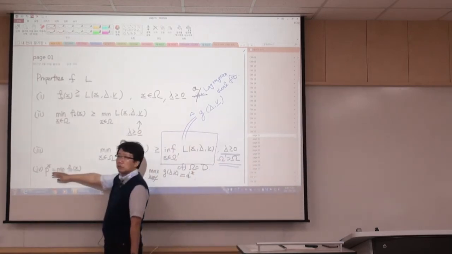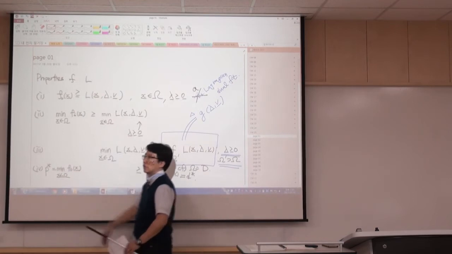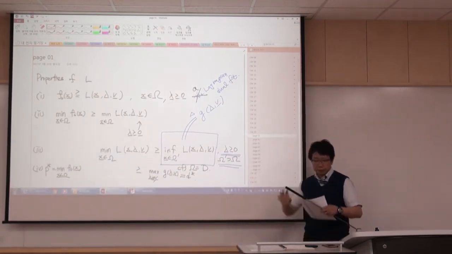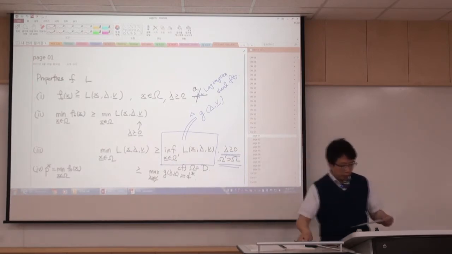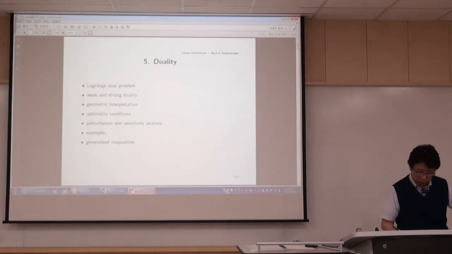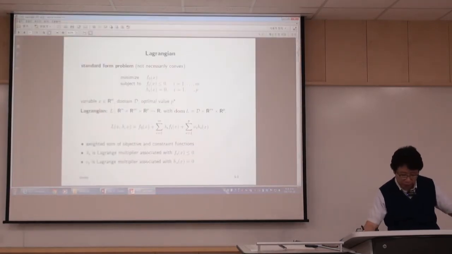This is infeasible or plus infinity or something. Got it? So anyway, this holds. That's what you need to remember. Now let's see some examples from the lecture note, and it's very interesting.